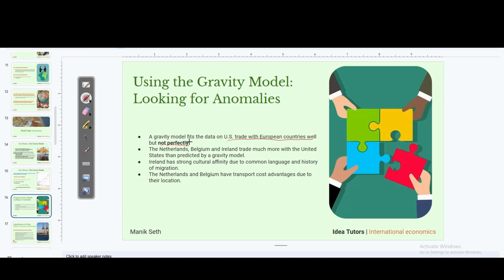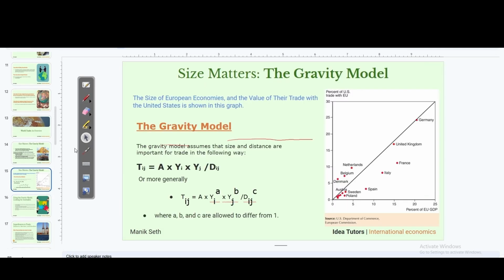The gravity model suggests that trade volume between two countries is positively related to their economic sizes and inversely related to the distance between them. So the closer the economies, the more the trade. The less the distance between two economies, the more the trade, and the farther the economies are from each other, the less the trade.